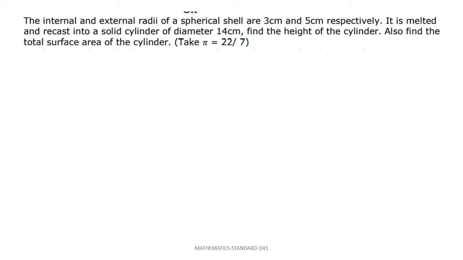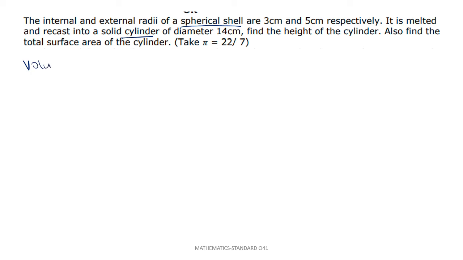So this is again very easy, children. So we are having two radii and two shapes. So what are the shapes we are having? First you have to see that. So we have a cylinder and we have a spherical shell. So the first thing you should know is the formula of both.